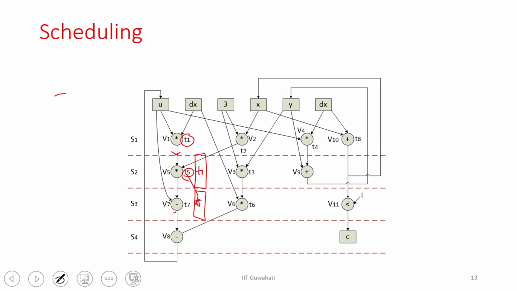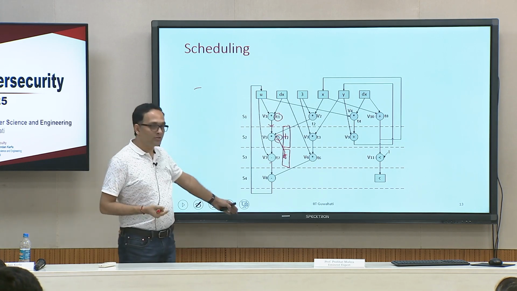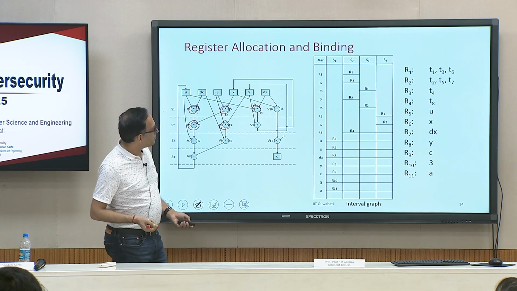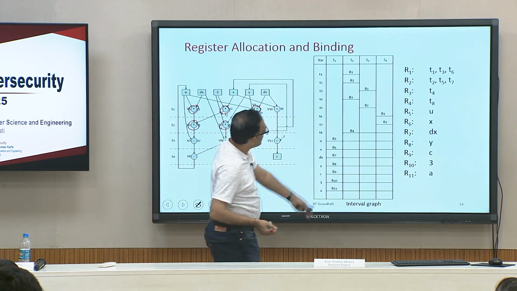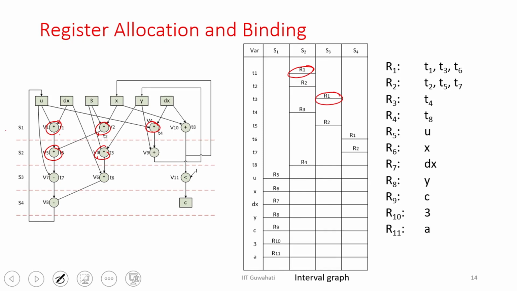So, these are the decisions: what is the minimum number of multipliers I need, what is the minimum number of registers I need, what is the minimum number of adders I need. But this is a systematic algorithmic process. The tool can do these things automatically. You can identify the lifetime of the variable. If you saw here, I actually did that: this is the lifetime of T1, this is the lifetime of T3, and this is the lifetime of T6.